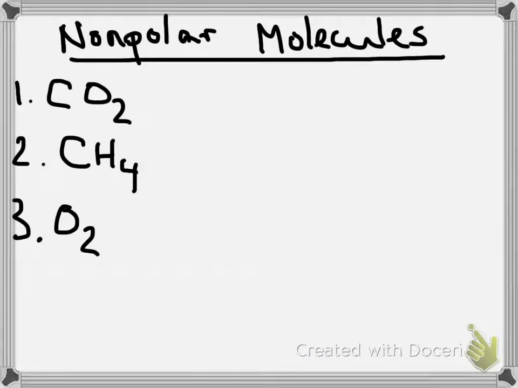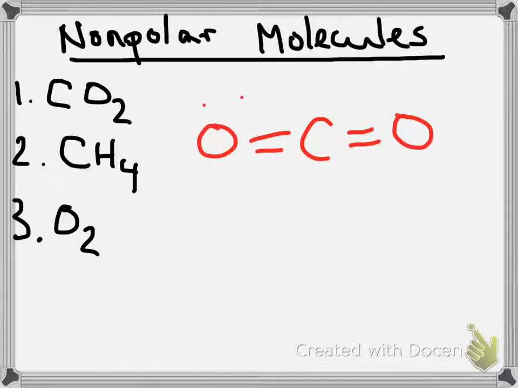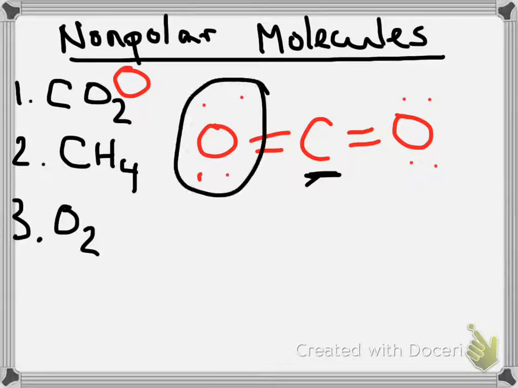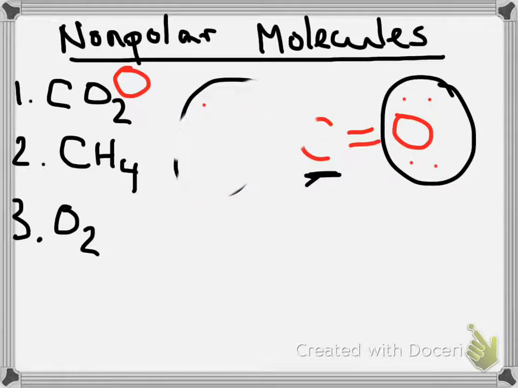So just to recap, nonpolar molecules, for instance, carbon dioxide, have no charge, no lone pairs of electrons on our central atom, and these two bonding atoms have the exact same electronegativity. So this would be nonpolar.